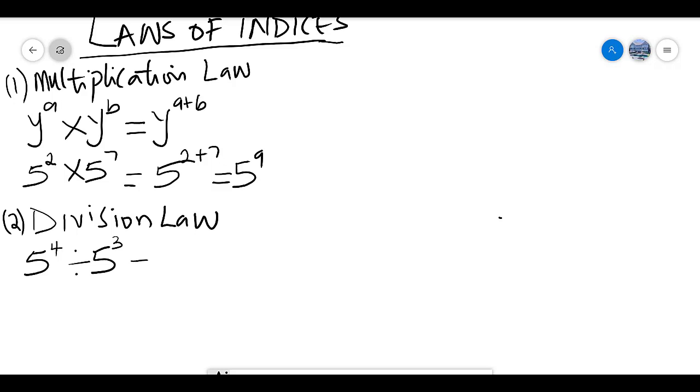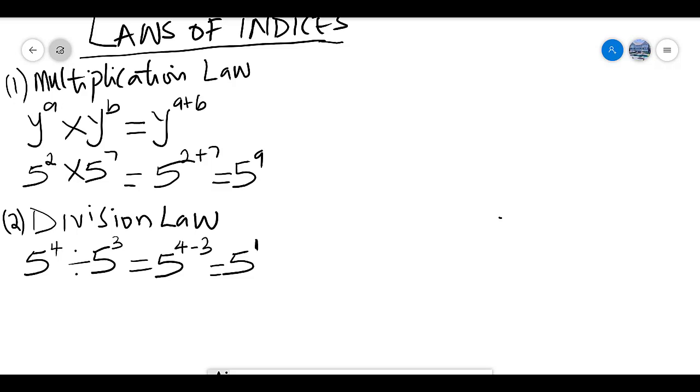What am I supposed to have? According to this law, as long as they have the same base, picking the common base we subtract the powers. So we're going to have 4 minus 3, which of course would give us 5 raised to power 1.